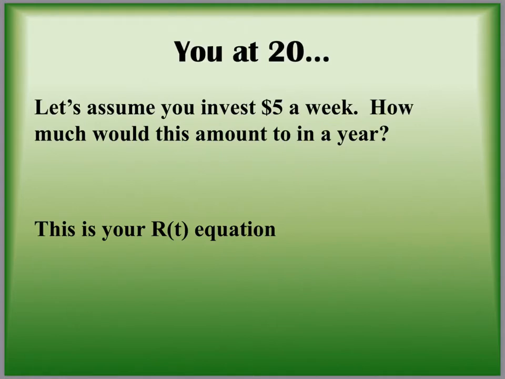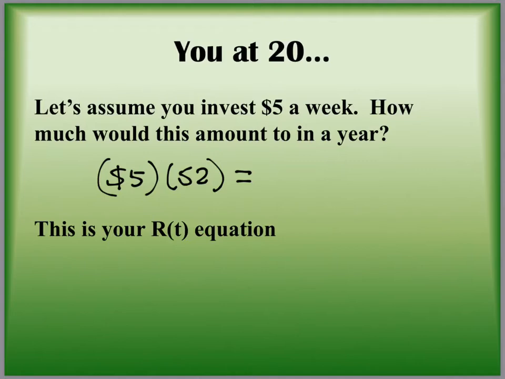So if you'd invested $5 a week for a year, how much would you have at the end of the year? What would you have to do to find that? 365. Close, that's $5 a day. We're doing $5 a week. 52. So we have $5, right? And we have 52 weeks. And if you did 5 times 52, what do you get? Grab a calculator.